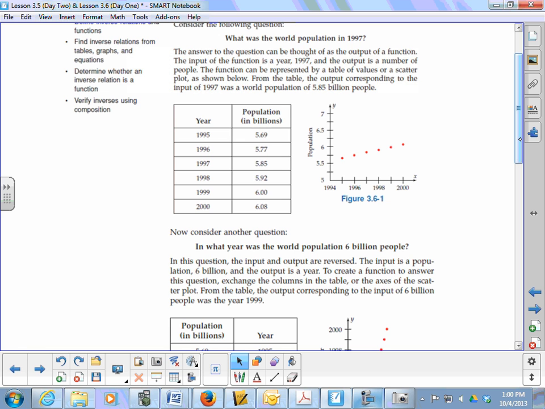But the question might be, if the population was this much, what year is that? And we're used to using a calculator to do that. But when we're dealing with inverse relations, it would be really nice to just stick that population into my equation and find the year that way. Much easier than having to graph it, find the intersection point, or other things.